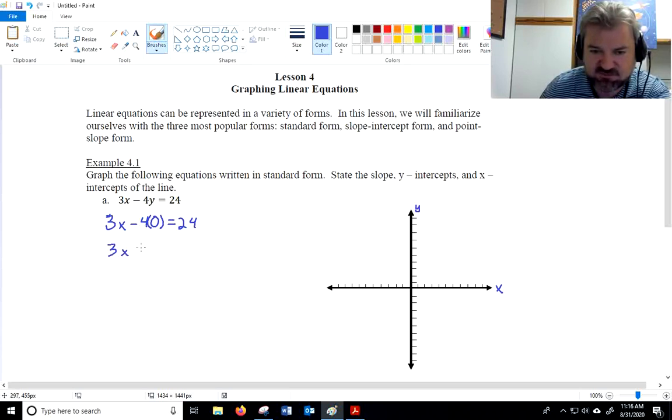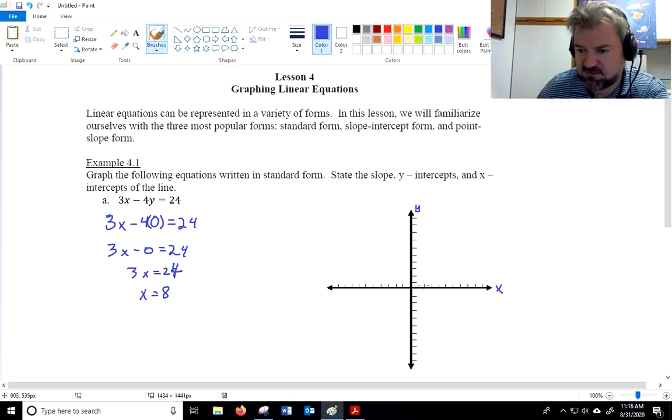Now 4 times 0 is 0, so that just goes away. And then 3x minus 0, anything minus 0 is just itself. And then I get x is equal to 8 when I divide both sides by 3. That's a 24, not a 29, by the way. So 1, 2, 3, 4, 5, 6, 7, 8, right there.